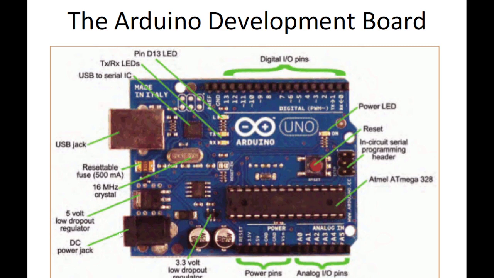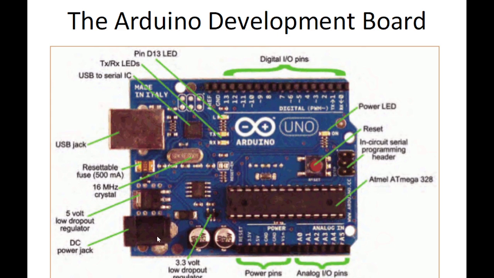So to power up the board, we will use the USB, and that can power up the board. We don't need any external additional power supply. But let's say you want to use your project in a box, if you're designing a box for any kind of environment, and you don't want to use a USB cable to power up, then you can use this DC jack, and you can connect a DC power supply to power up the board.